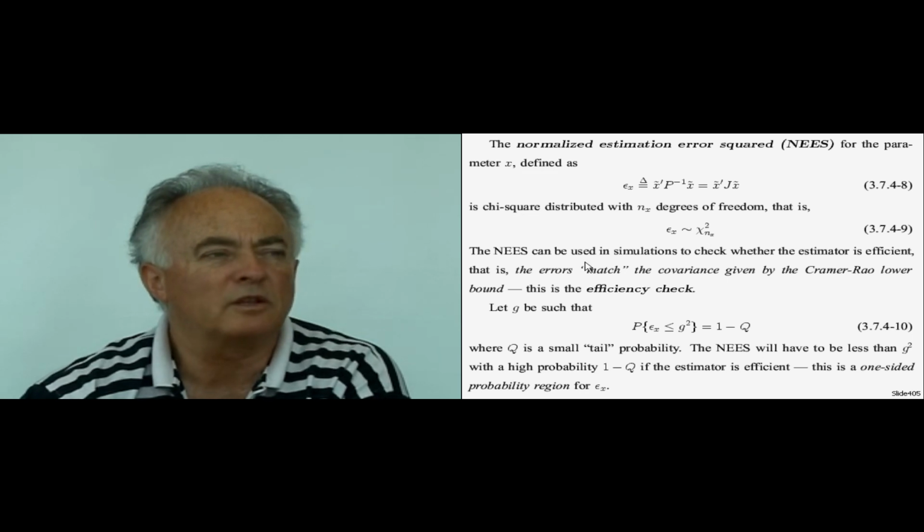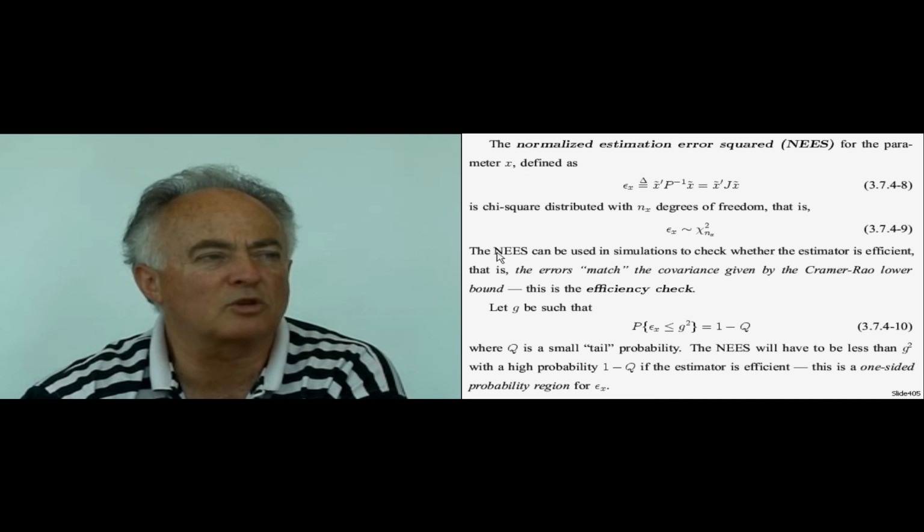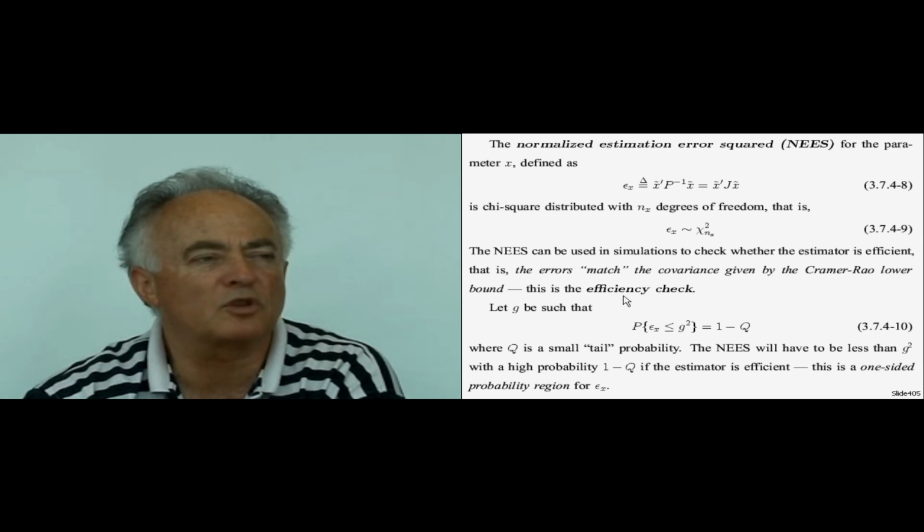Now, we can, in simulations, evaluate this normalized estimation error squared to check whether the estimator is efficient. That is, do the errors match the covariance given by the CRLB? So we are carrying out an efficiency check.